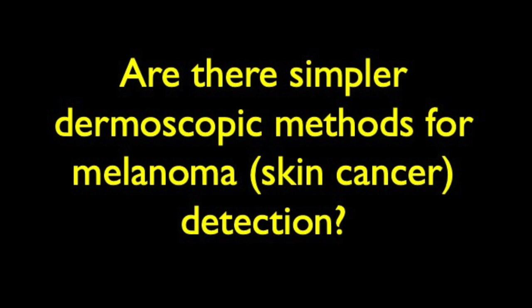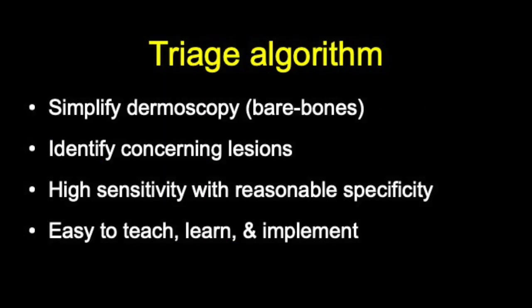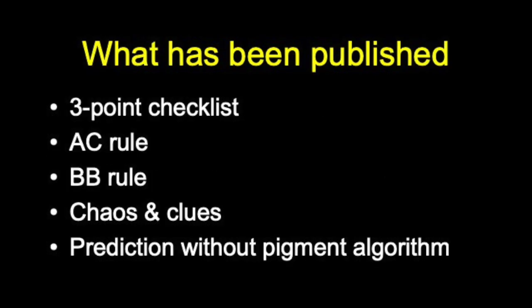So are there simpler methods of detecting skin cancer? And multiple people have attempted to do that, and these are called triage algorithms. These are a bunch of the triage algorithms that have been published before. They all have their pluses and minuses, but the problem is that each one is specific to a very specific group of lesions. Pigmented lesions, only lesions with blue-black color.